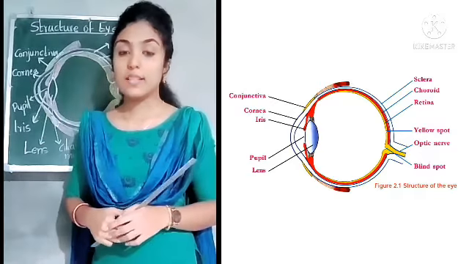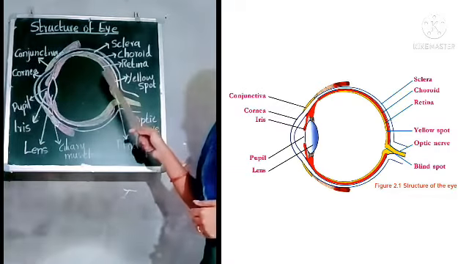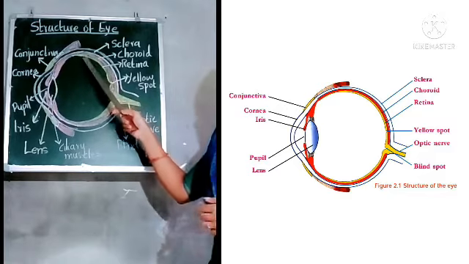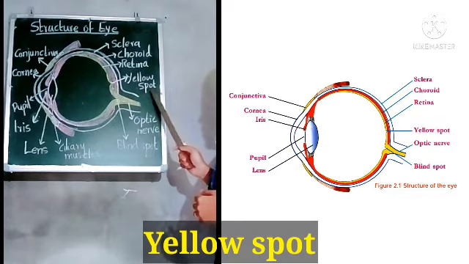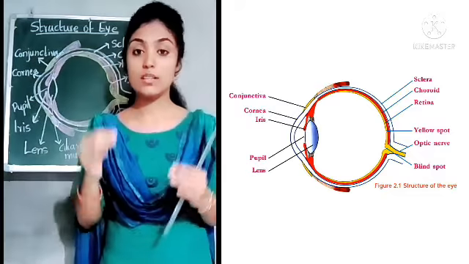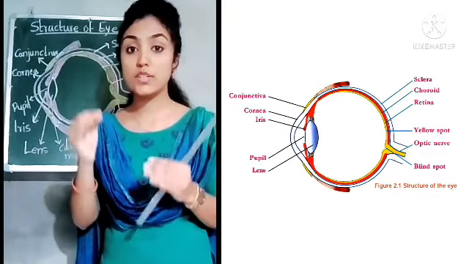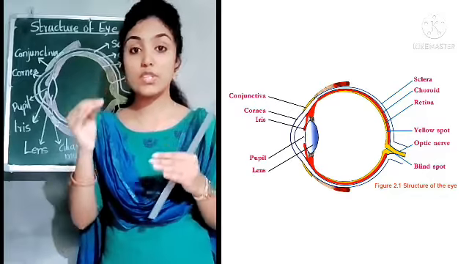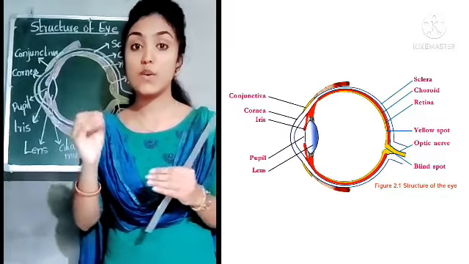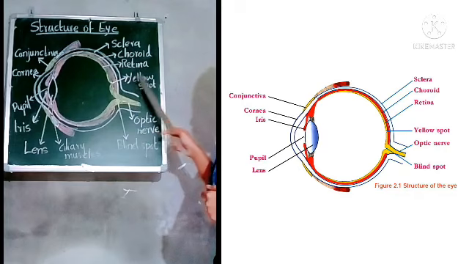Now let us learn the parts associated with the inner layer of eye, and that is retina. So yellow spot. Here you can see this is yellow spot. In yellow spot there is a huge number of photoreceptors. So this is the point where the maximum clarity of vision is possible, that is yellow spot.